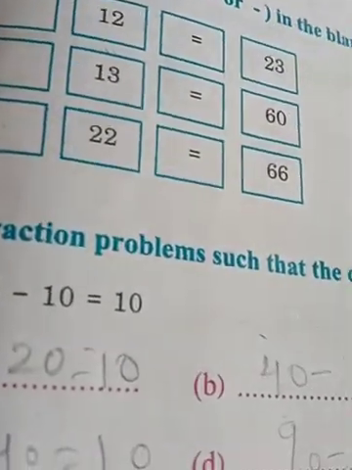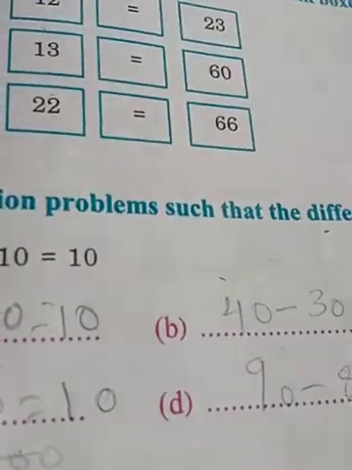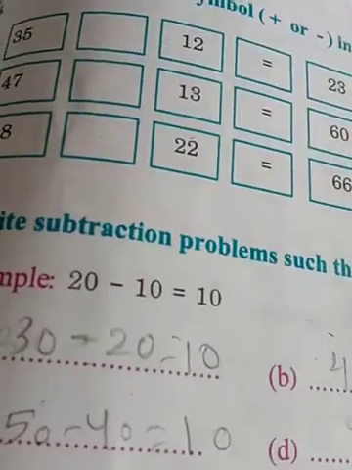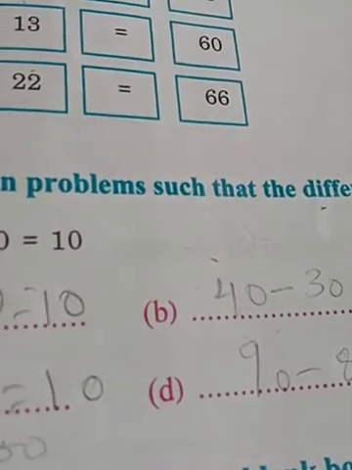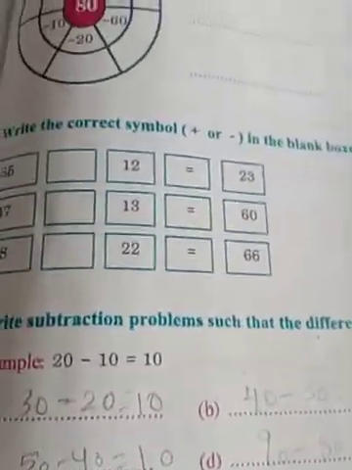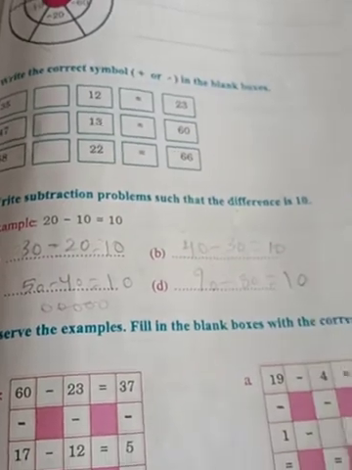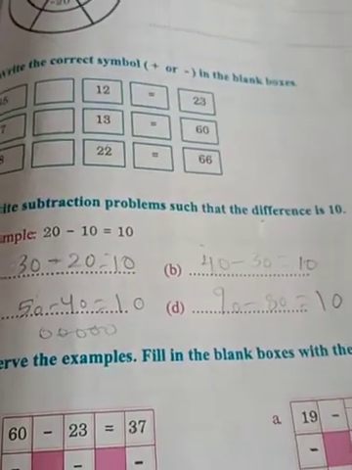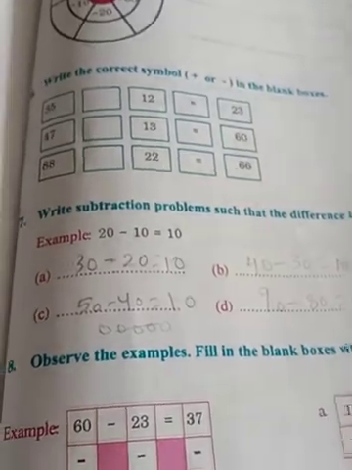Suppose 20 minus 10 equals 10. 30 minus 20, 10. 40 minus 30, 10. 50 minus 40, 10. 60 minus 50, like that only. Okay? You understand children now? So let's now write this one. Write it completely in your notebook too.